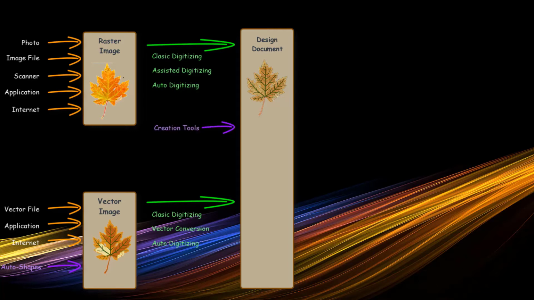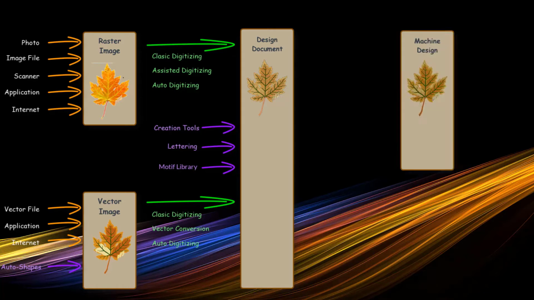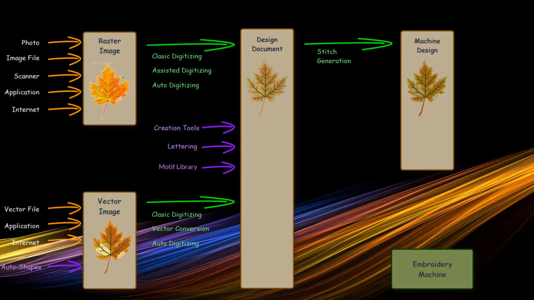The user can insert objects of any shape, letters from pre-digitized fonts, letters from TrueType fonts, and pre-digitized motifs. While the design is being created, the sequence of objects is converted into a sequence of stitches and machine commands. The created designs can be exported to many standard embroidery machine formats, which are compatible with most embroidery machine brands.